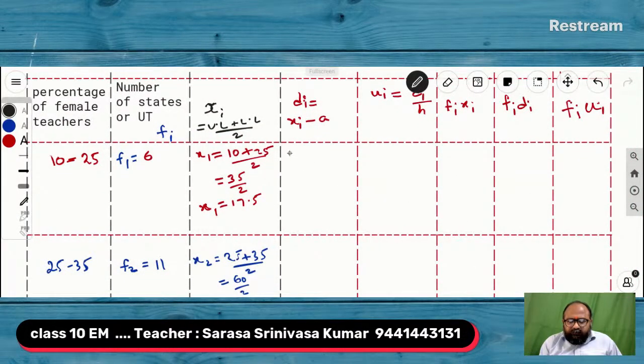The fourth column is d1 equal to x1 minus A. What is x1? 17.5. This is equal to 17.5 minus 50.